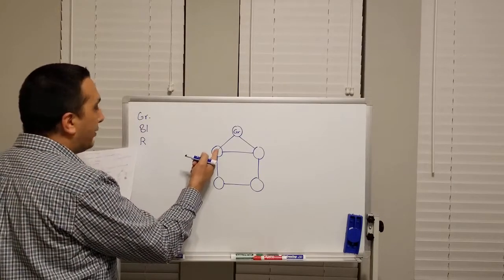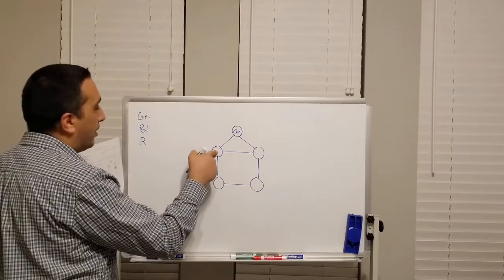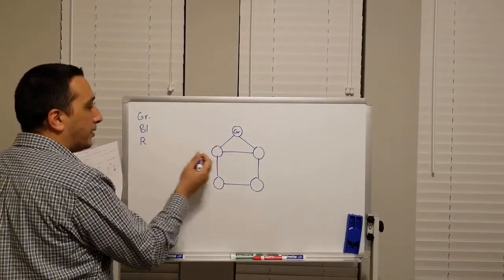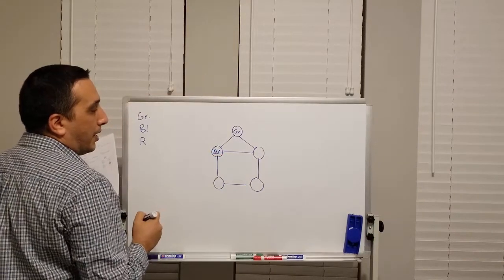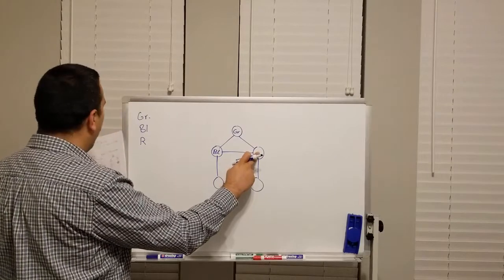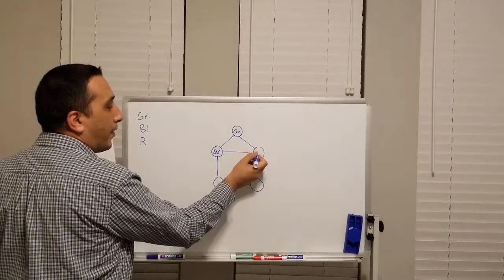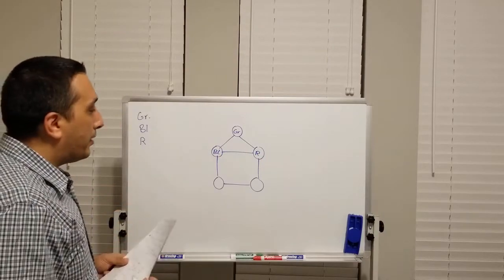So I have only 2 other colors that I can assign to this vertex, either blue or red. So I'm going to select blue here. And so eventually this vertex must have the color red in order to fulfill the requirement here.